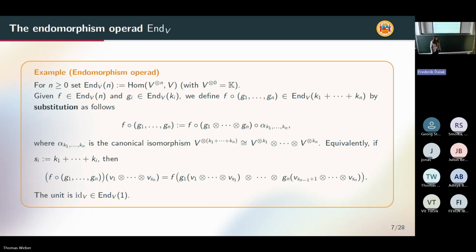So it is very, very easy. It is exactly substitution. And here, of course, the unit is obviously the identity map. And this example will be crucial in the following because the endomorphism operad is the target of operad representations, as we see now.